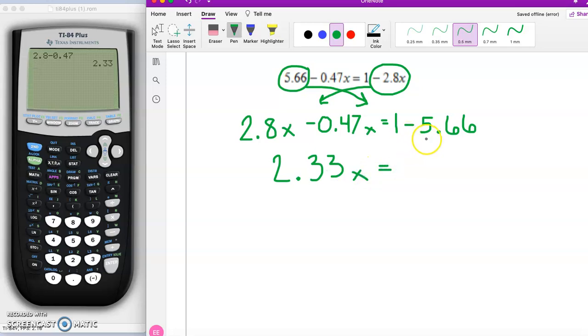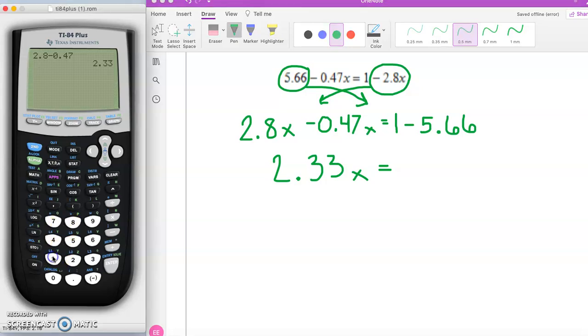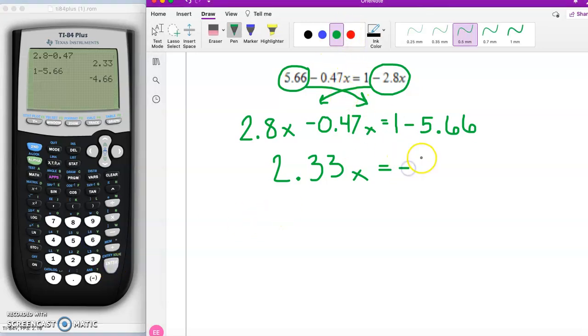Equals 1 minus 5.66. Alright, my calculator says it's negative 4.66. Alright, the last step, remember, we're still just trying to solve for my x, right? We want to get the x by itself.